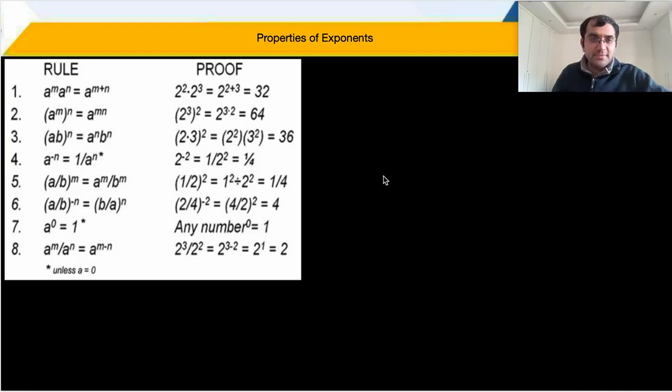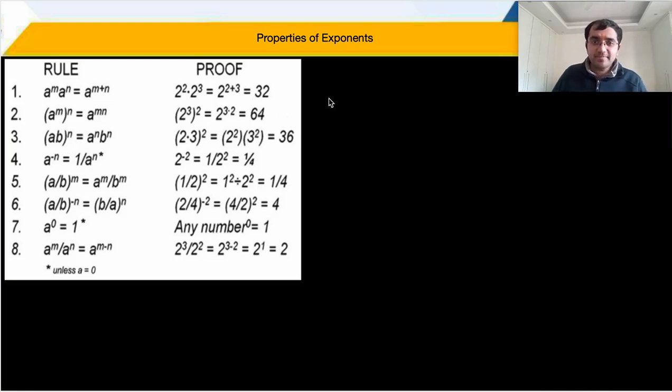I'll use some terms. The term at the bottom we'll call the base, and then you have the power. Okay? So the first point says that if you are multiplying two terms which have the same base, then their powers will add. We have the example over here, 2 power 2 into 2 power 3, which gives you 2 to the power 2 plus 3.